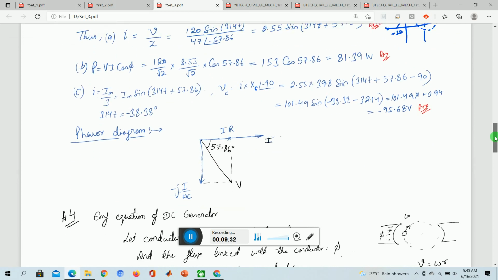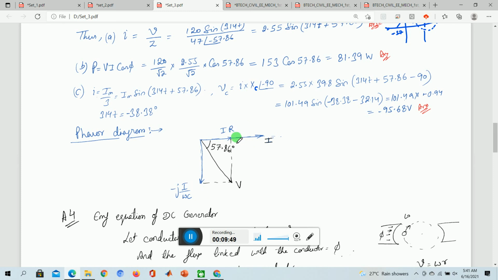Next, the phasor diagram. Obviously in the phasor diagram the current will be in the reference axis, because from the current we are going to obtain the value of VR and VC.